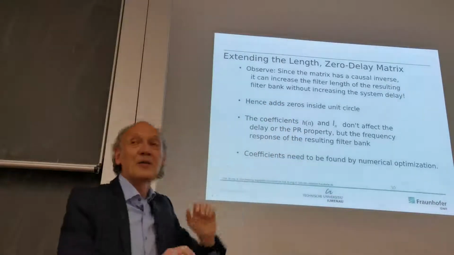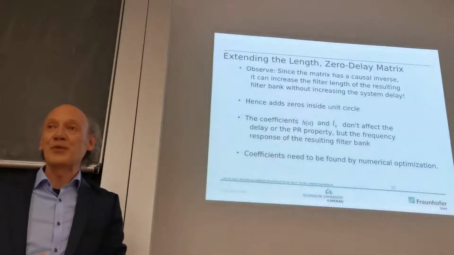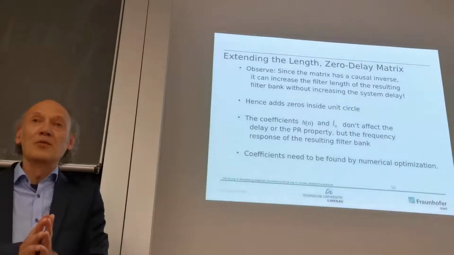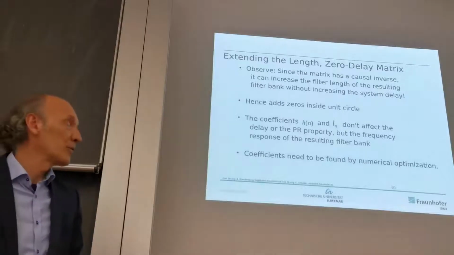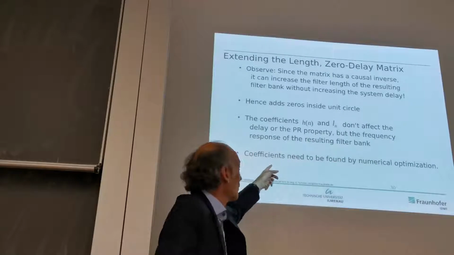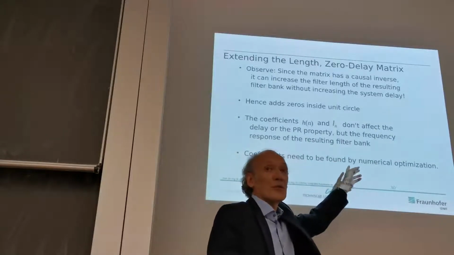And this is, again, still an essential part of filter banks, right? Because we want the filters to be good, narrow band and having high stop attenuation. So these coefficients are then found by numerical optimization.